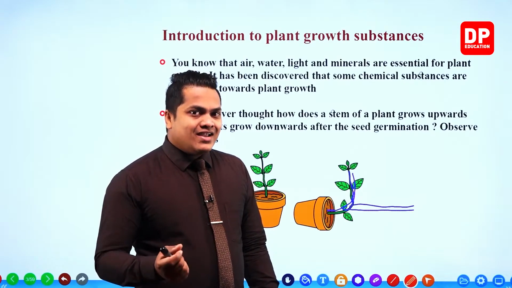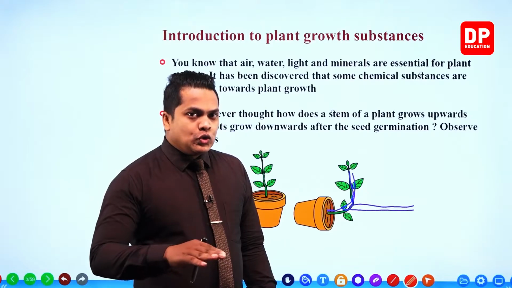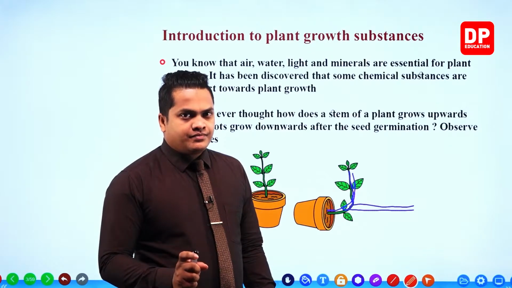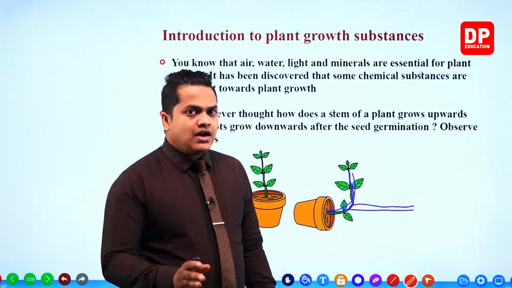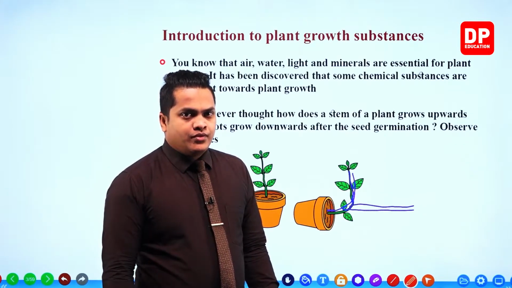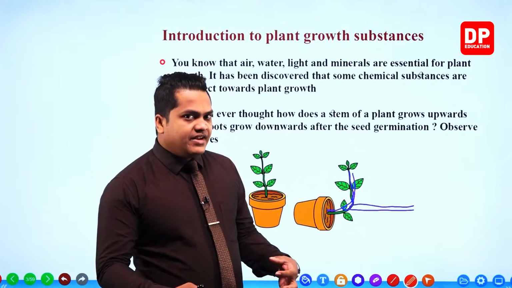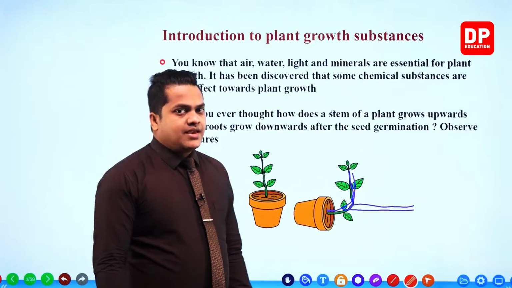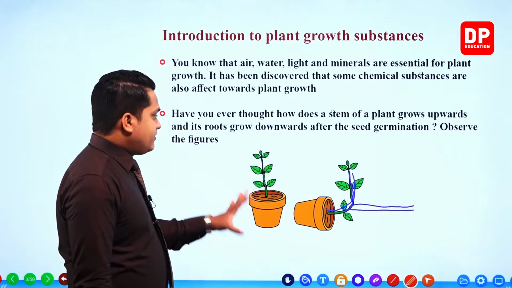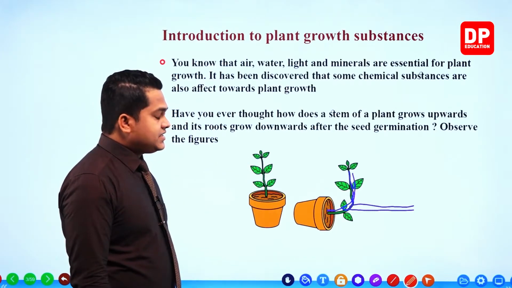So the plant can identify those directions, and according to that direction, the plant is going to grow. Now, if the plant is kept in the same way like this, it will grow the same way.